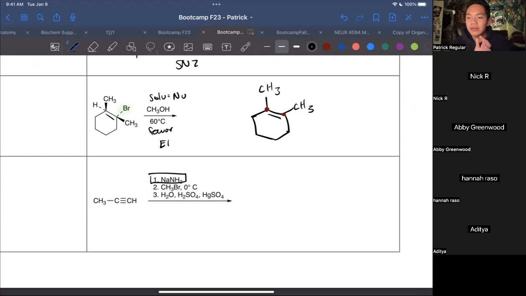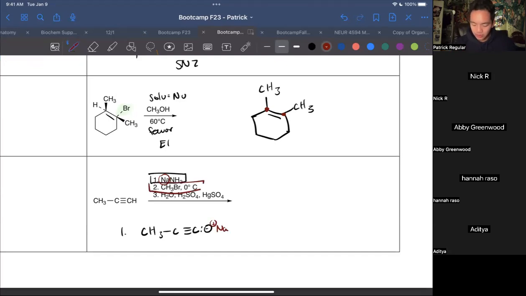So NH2 is a very, very strong base, a stronger base than the acetylide carbon. The first step is going to be an acid-base reaction, and from that sodium you have a spectator ion.